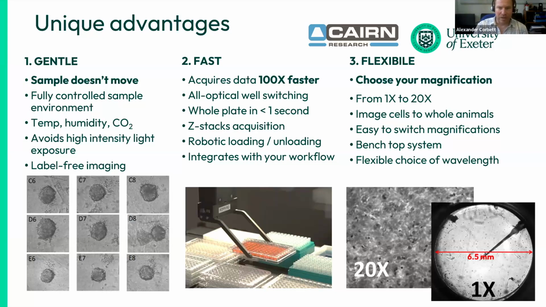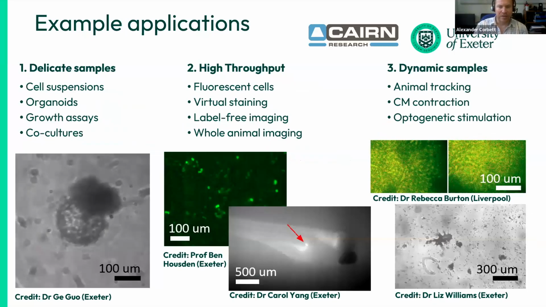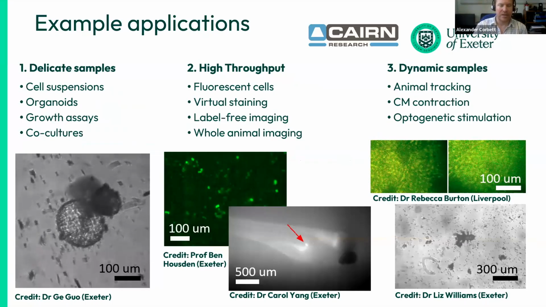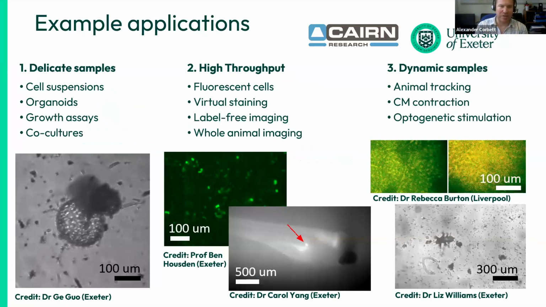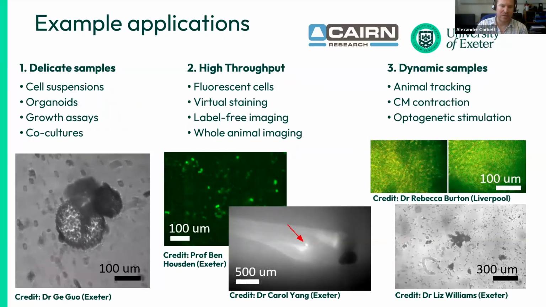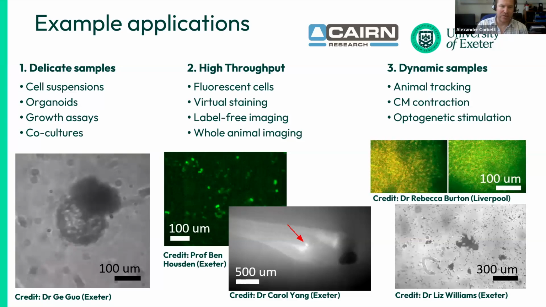We've been using these systems for a while now, and so we've had the opportunity to work with a number of different research groups to get data to demonstrate its usefulness. The fact that the sample doesn't move and it's very gentle is particularly useful for cell suspensions, where you don't really want to accelerate your cells around and move them mechanically to the objective.